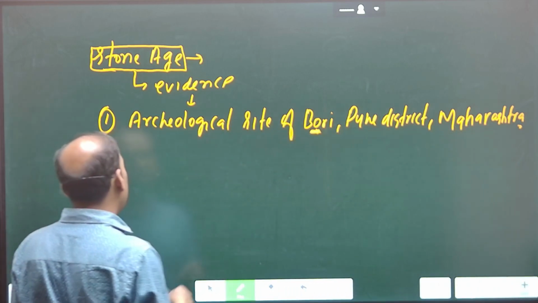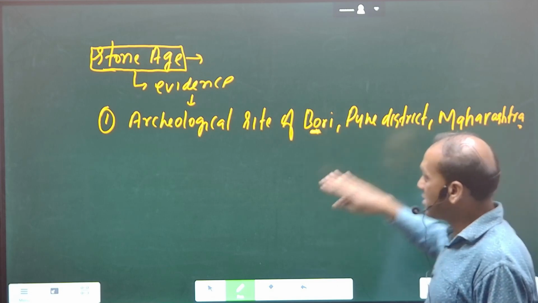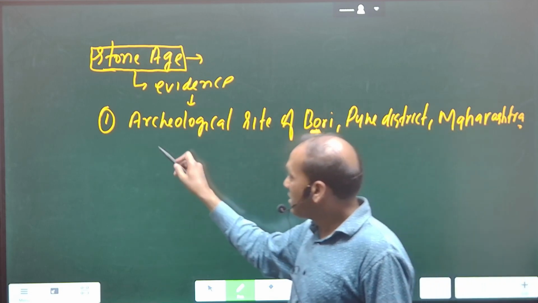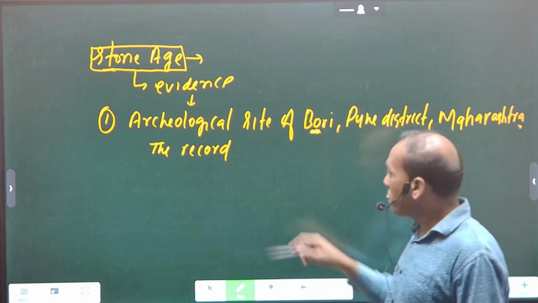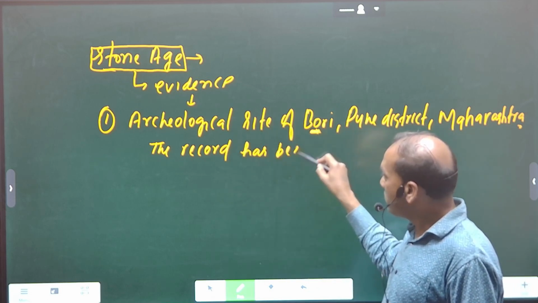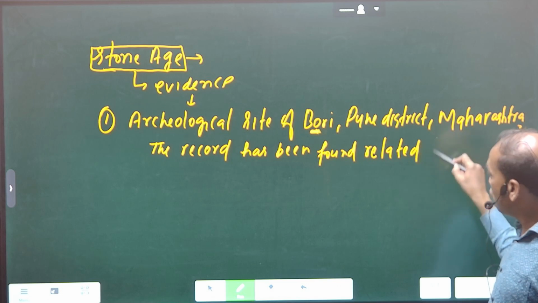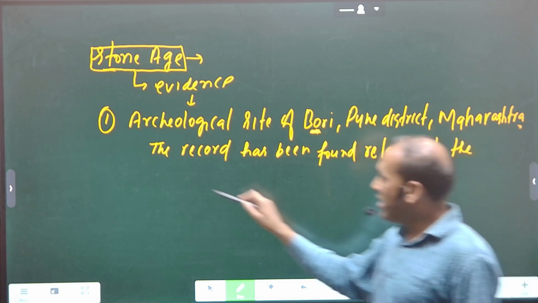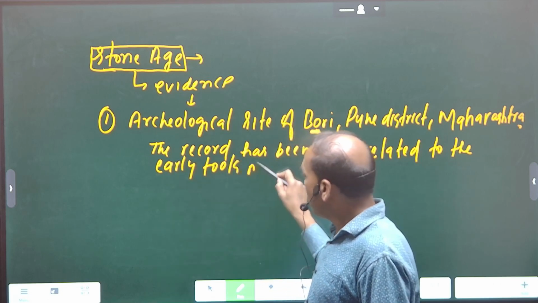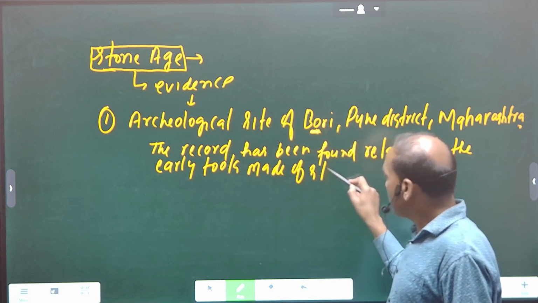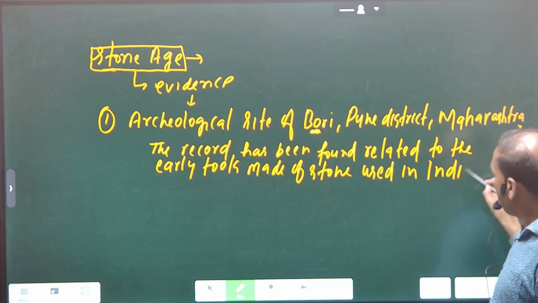Here you can write under archaeological site of Bori, Pune district, Maharashtra: the record has been found related to the early tools made of stone used in India.